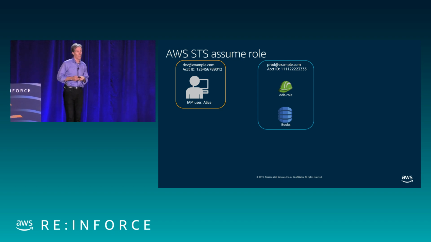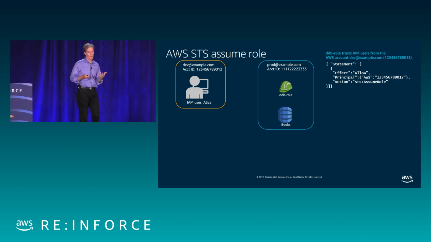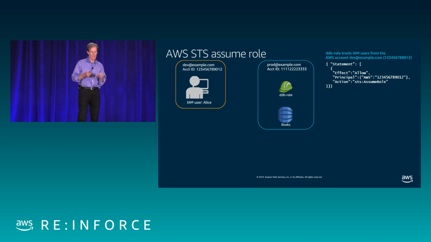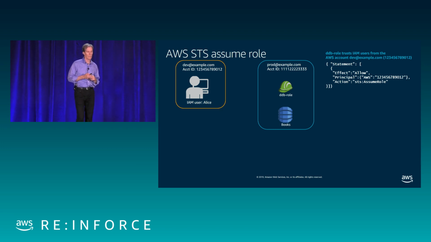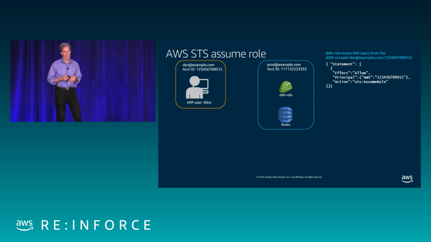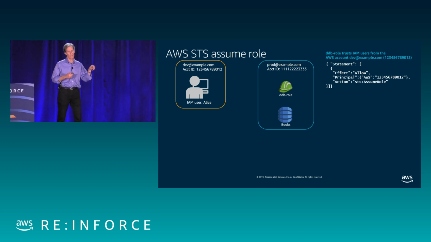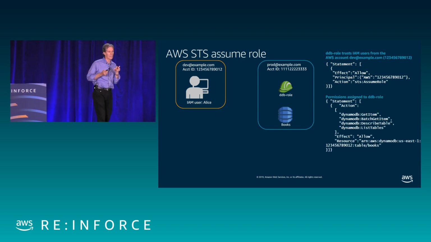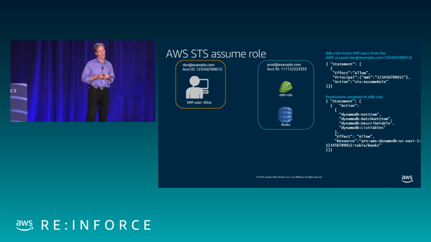Now, in order for that to work, the trusting account needs to set up a couple of policies. So the first policy says that someone from a particular account, account A, can perform this action, which is assume role. So they're declaring here a policy that's going to let someone from the other account assume a role. And then the next policy is exactly what they can do once they assume that role.